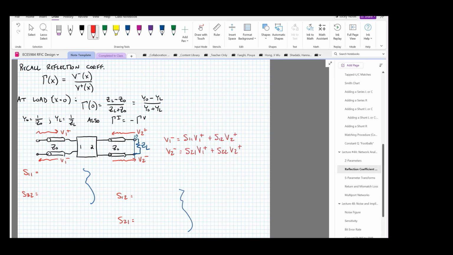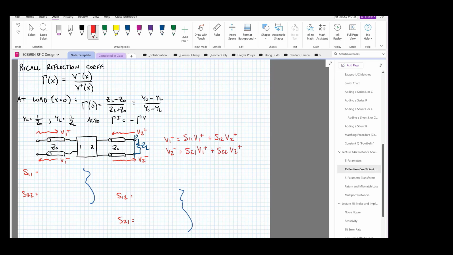So for instance, you can easily transform Z to Y, Z to ABCD, Z to S, S to ABCD. They all have relations to one another. You just sometimes need to know what the characteristic impedance of your system is, or some secondary clue. But you can find all of them if you just have one of them.